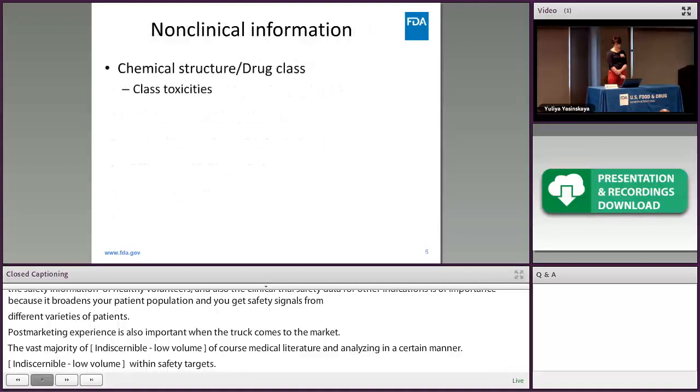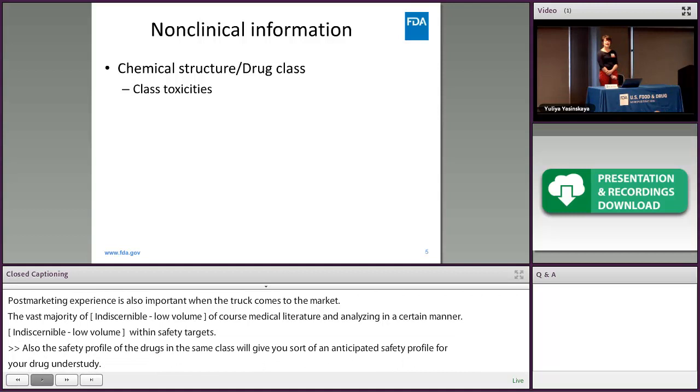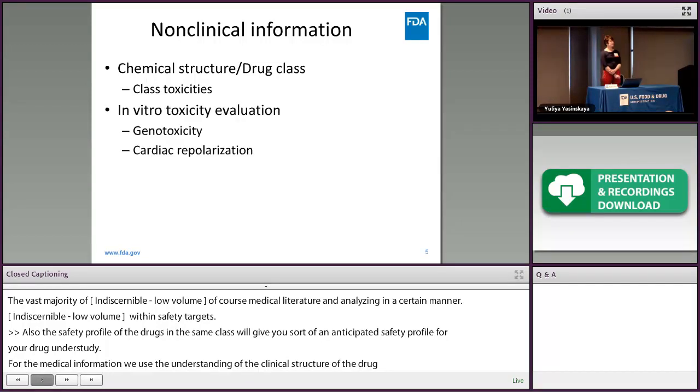With regard to the non-clinical information, we use the understanding of the chemical structure of the drug as well as the drug class that this particular product under investigation belongs to, to better understand what adverse event profile the drug might exhibit in the clinical studies.